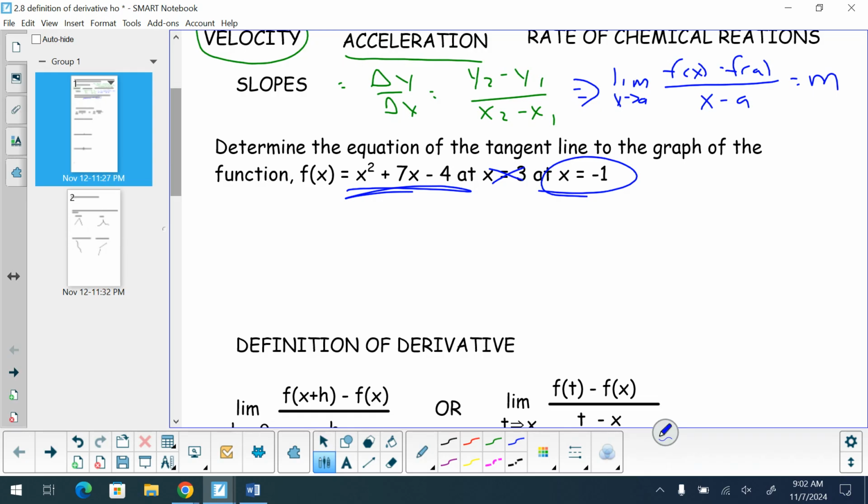Well, you need to have a point of tangency, and we need to find our slope. So go ahead and find your slope, find your point of tangency.